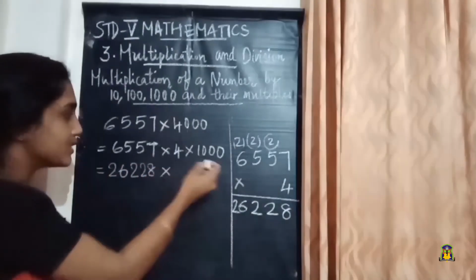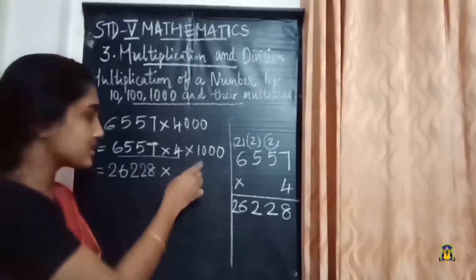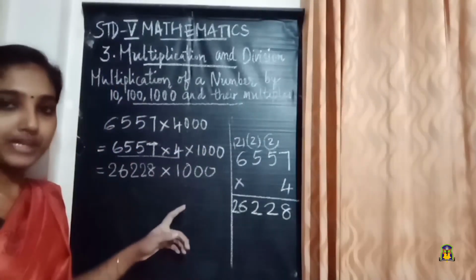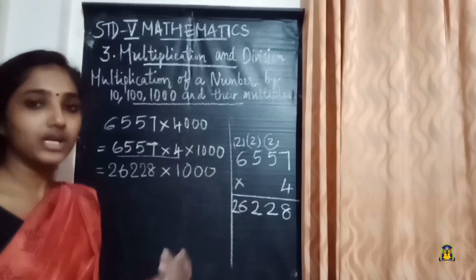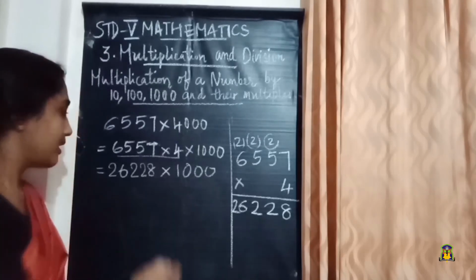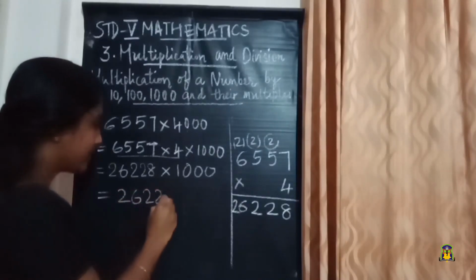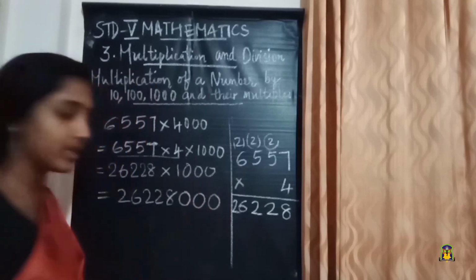Okay. So it is 26,228 into, now we have just done this much only. Then into 1,000 is also left here. So into 1,000. So to multiply a number with 1,000, we have to just add 3 zeros to the right hand of the number, right? So the final answer will be the product with 3 zeros in its right hand. Okay.